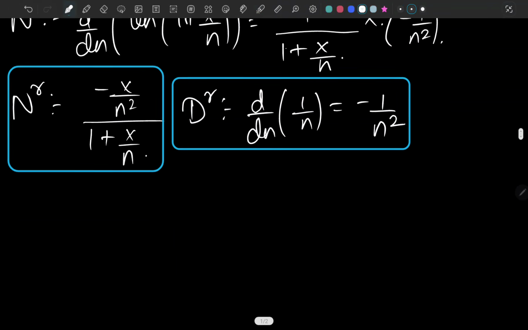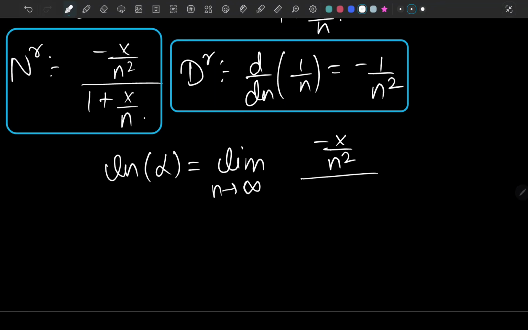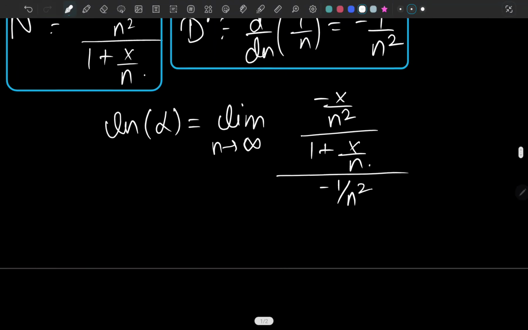So we are having ln of L equals limit n tends to infinity of negative x over n squared over 1 plus x over n, and the whole thing over, actually it's negative 1 over n squared. I hope you are clear with that, right?